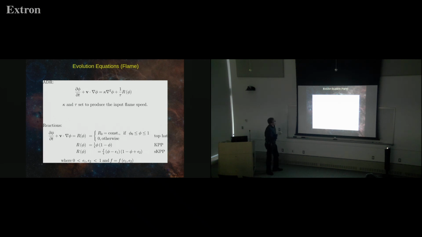The reaction and diffusion coefficients are set to produce the input flame speed. And so you're handed the flame speed from that scaling law, from the laminar, from the turbulence model. And you handle the reaction with what we chose, the shifted KPP, where K, P and P are Kolmogorov, Petrovsky, and I want to be sure to get this right.